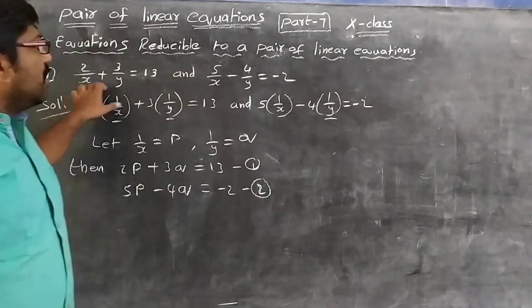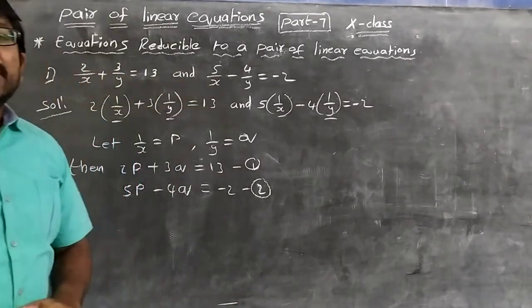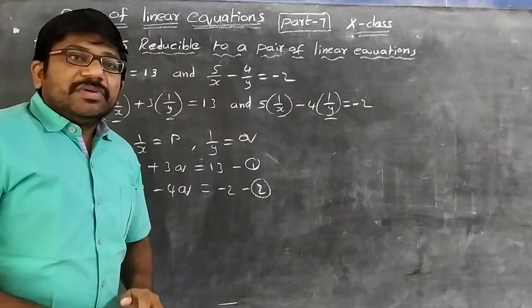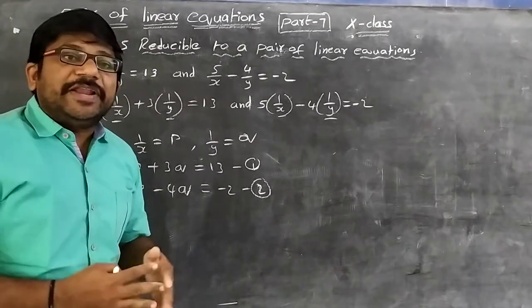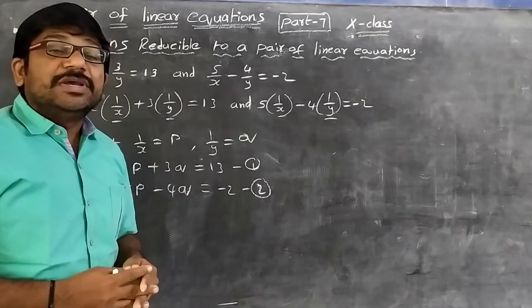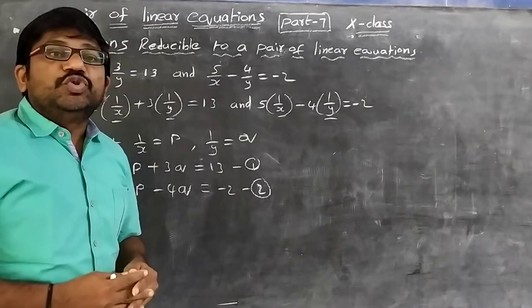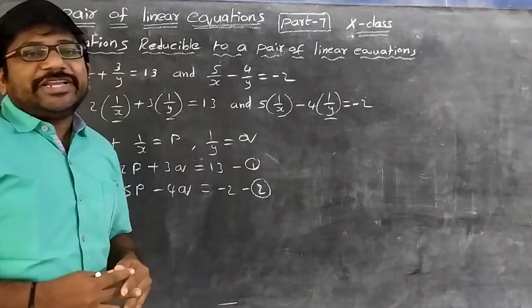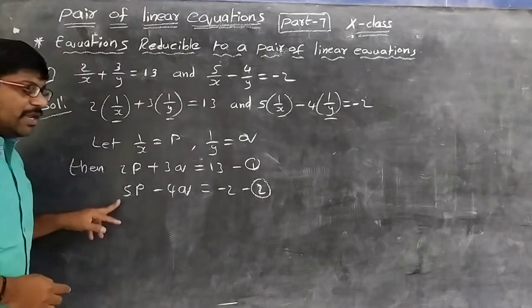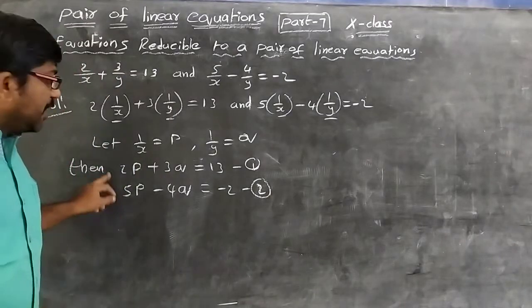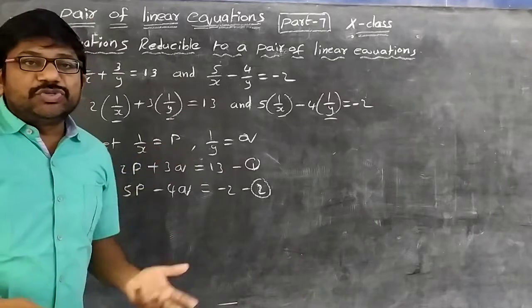So when given non-linear equations, we can convert them into a pair of linear equations in two variables by substituting a suitable value. We know very well these two are a pair of linear equations, a system of equations in two variables.